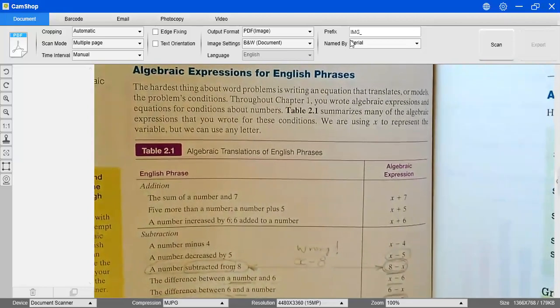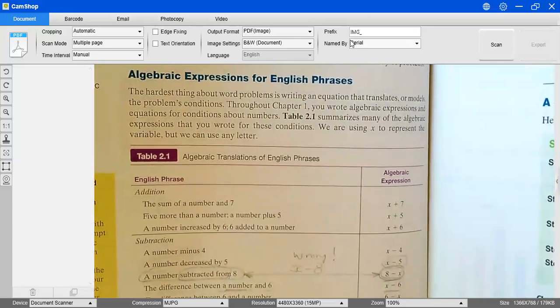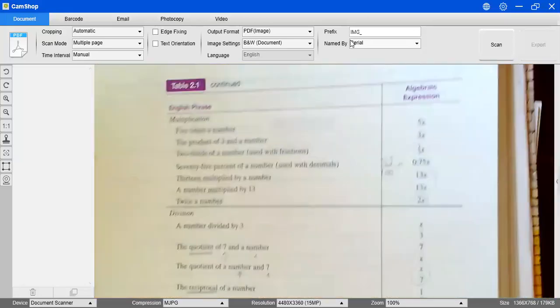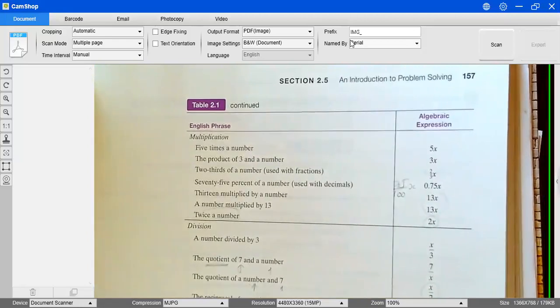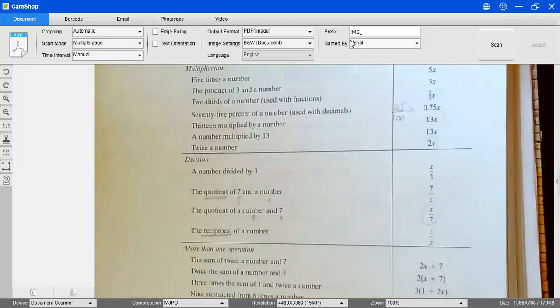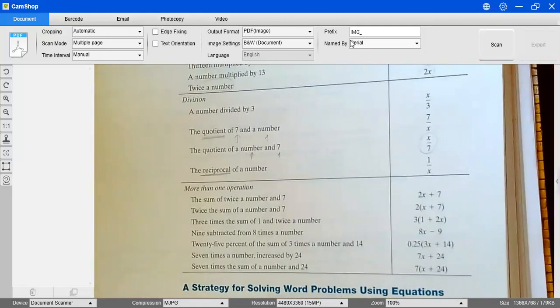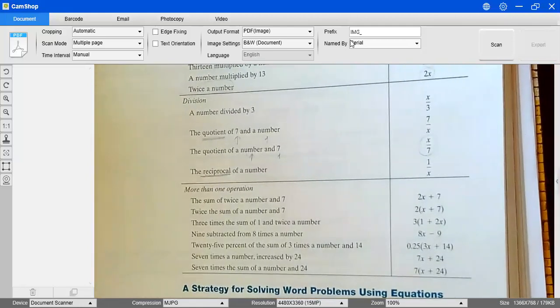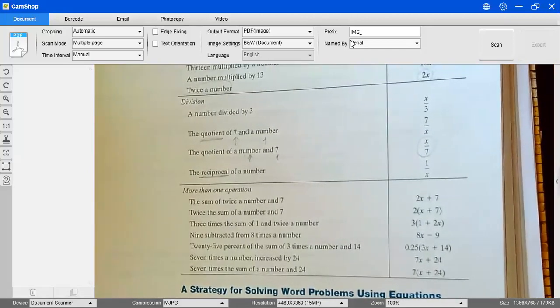So you have here many ways to find subtractions. Then on the next page, we have multiplication phrases, division phrases, and other ways to translate phrases into algebraic expressions.